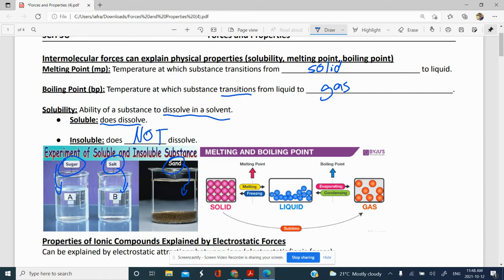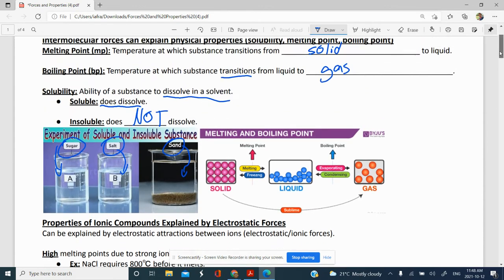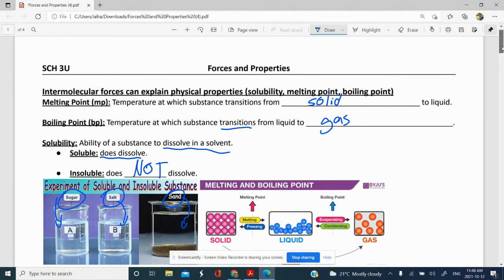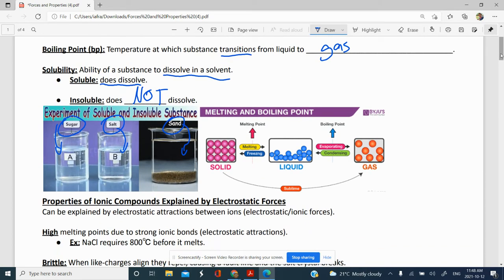The whole point of our lesson is going to be to predict whether substances dissolve in water or not, and also to make a reasonable guess as to the boiling points and melting points of substances. Not the specific number, but maybe if I asked you to rank which, between these two or three substances, which one has the highest boiling point or melting point, or which one is more soluble in water.